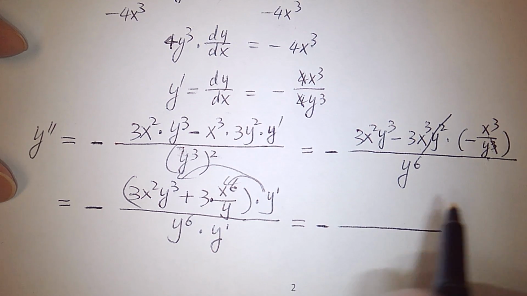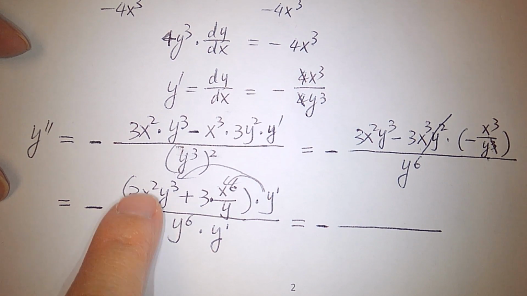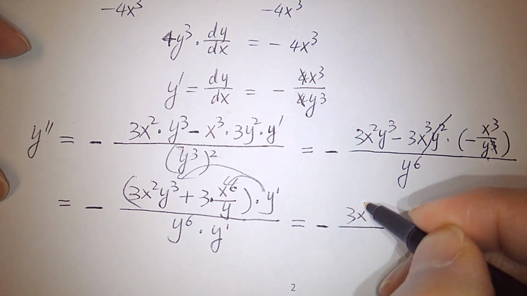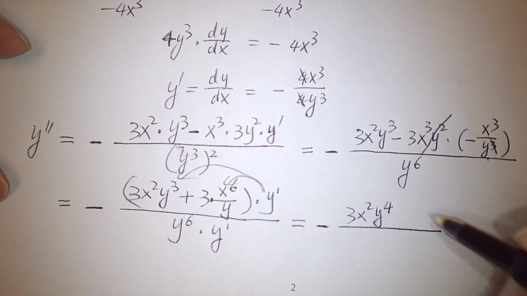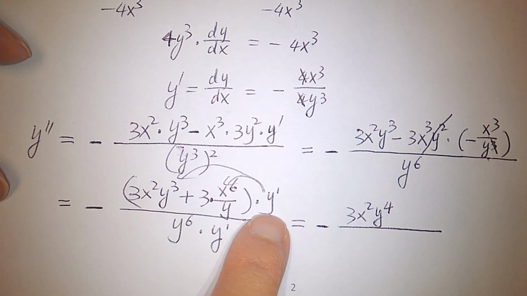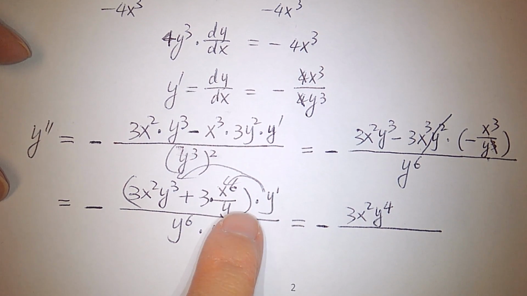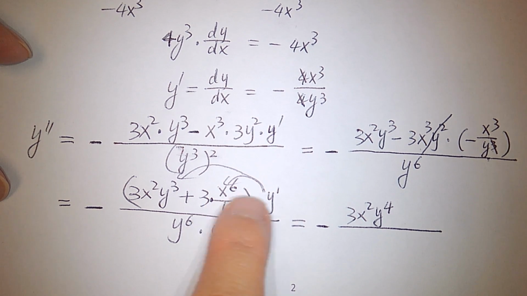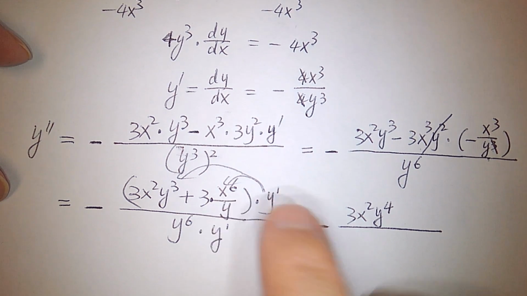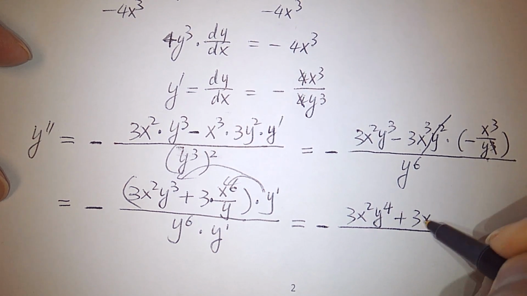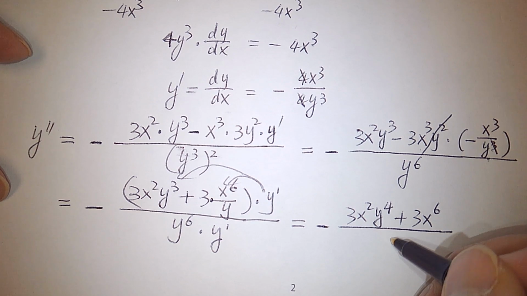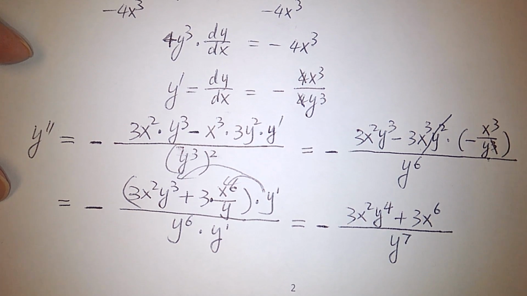Negative 3x squared times y cubed times y. 3x squared times what? y to the 4th power, right? y cubed times y is the 4th power. And then this y times this y, this y and this y cancel out, right? So we should have a 3 times what? x to the 6. And then on the bottom, we have what? y to the 7th.